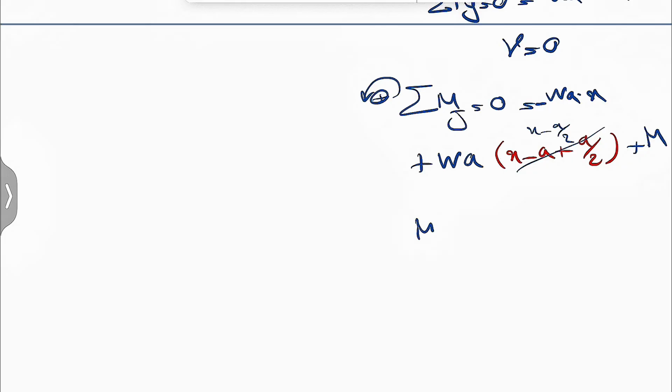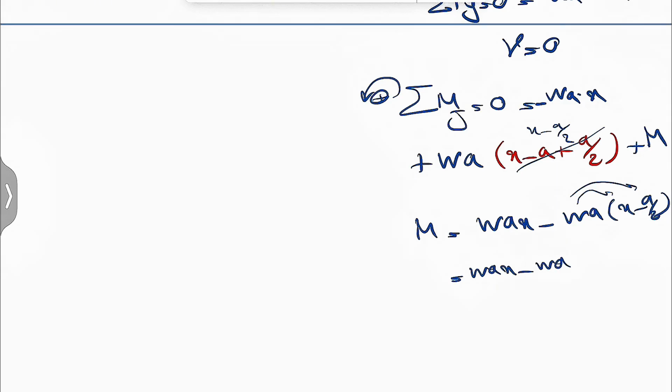So our moment would be basically WAX negative WA times X minus half of A. So if you just multiply these inside, we're going to get WAX negative WAX plus WA squared divided by 2.